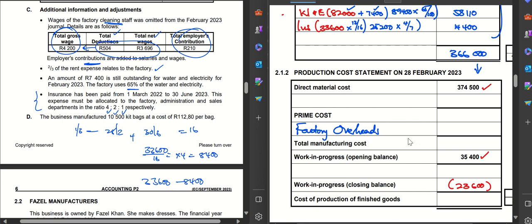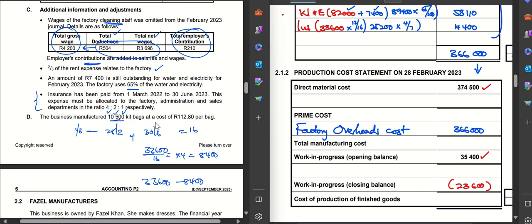And then your factory overhead cost was your 366,000. So you add your factory overhead cost, which is 366. All right, let's continue.